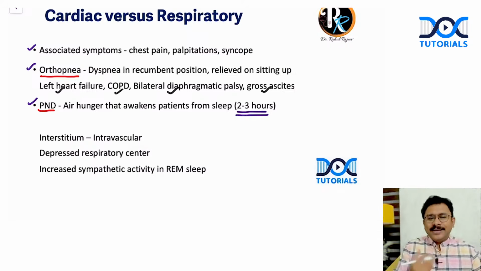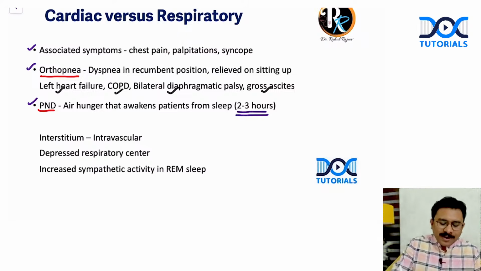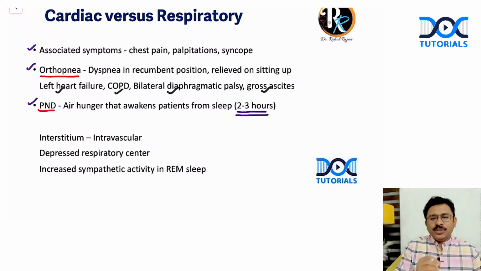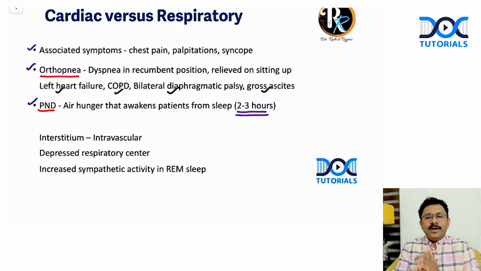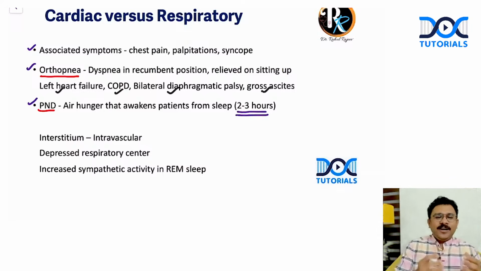Now, another question the examiner might ask you is on the mechanism of PND. Now, one common mechanism is both orthopnea and PND occur in the recumbent position, and automatically all of you know that in the recumbent position there is more venous return. So increase in venous return is definitely one reason why the patient develops orthopnea and PND in the recumbent position.